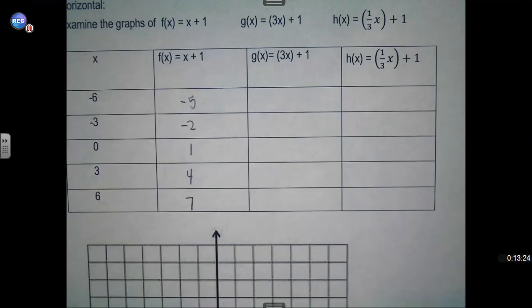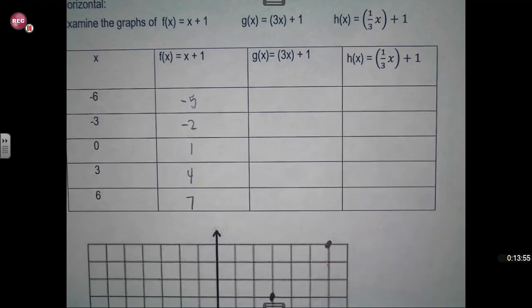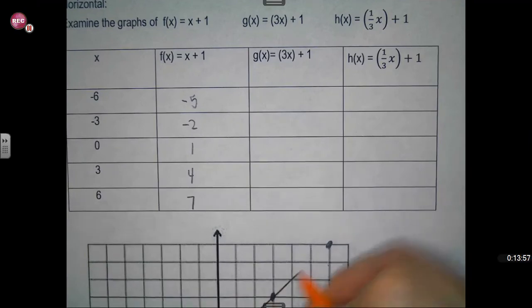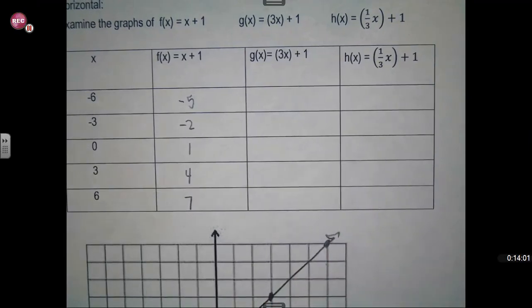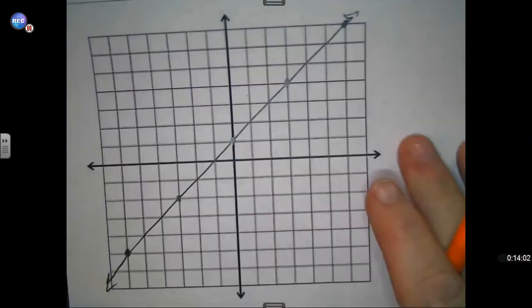So -6, -5, then -3, -2, 0, 1, 3, 4, and 6, 7. And there's that first line. Okay.